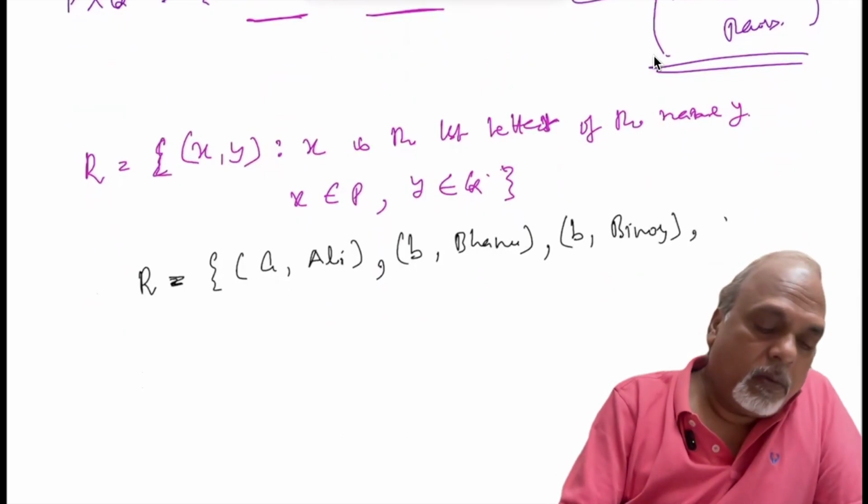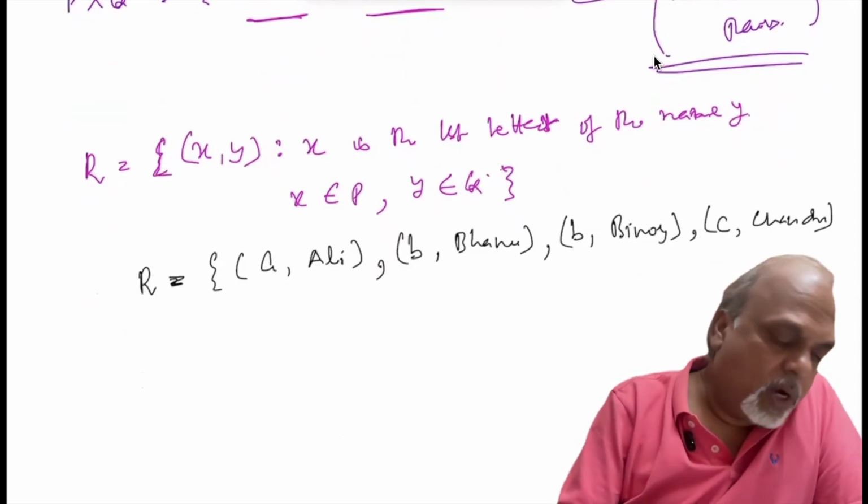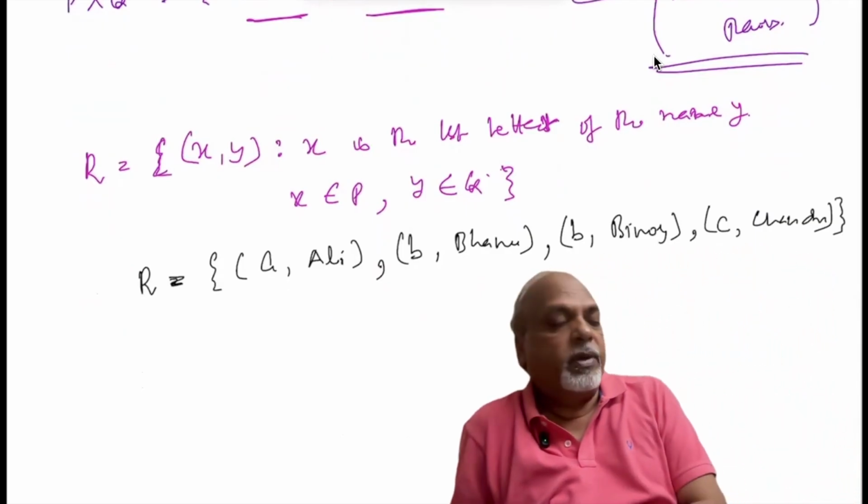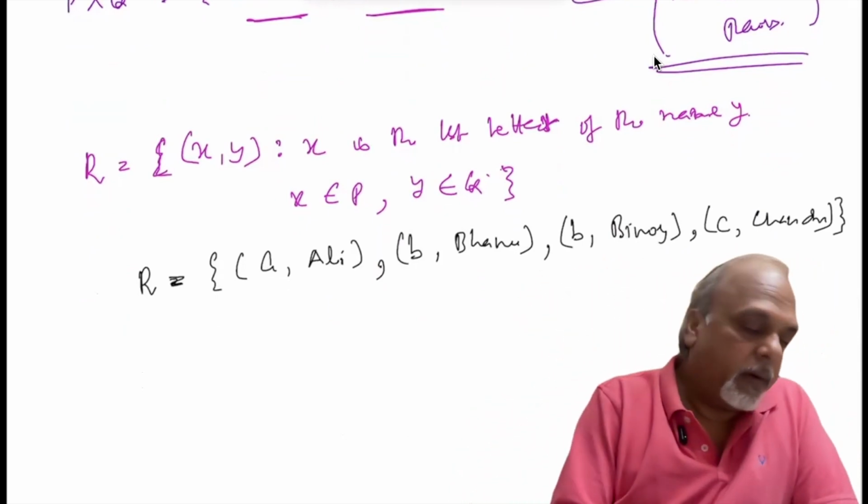And C, Chandra is there. So these are the only ordered pairs which satisfy the relationship which we have defined here.